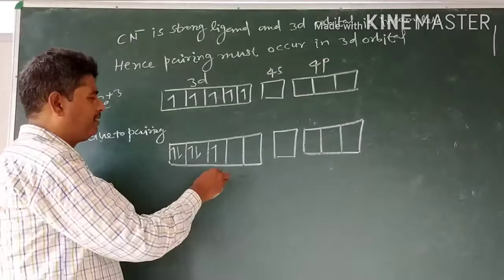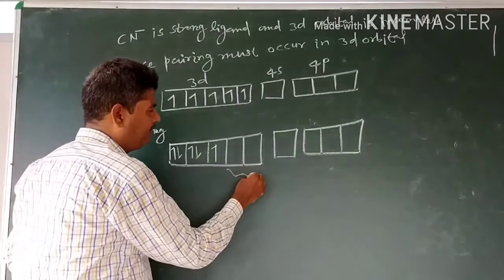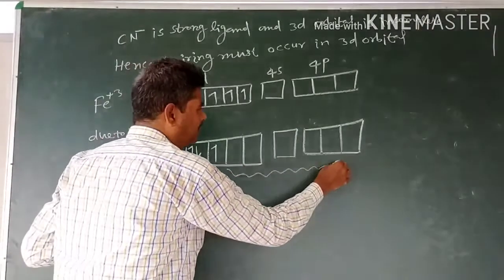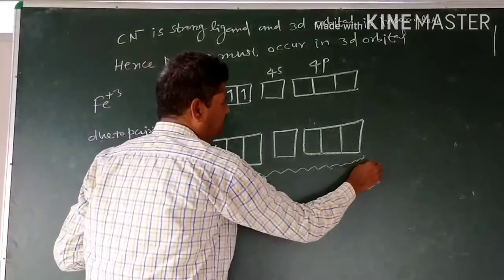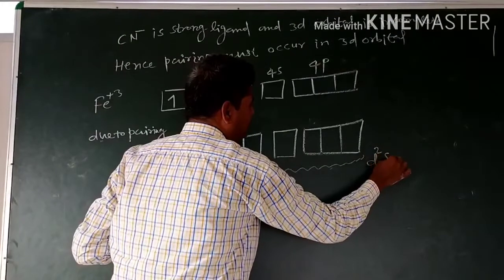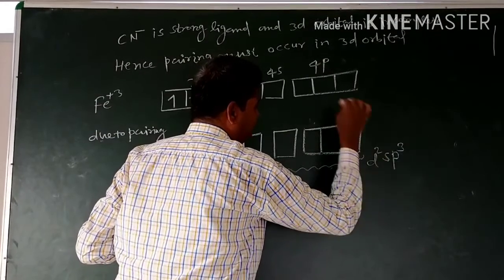So we will mix 2d, 1s and all the 3p. Thus our hybridization would be d2sp3.